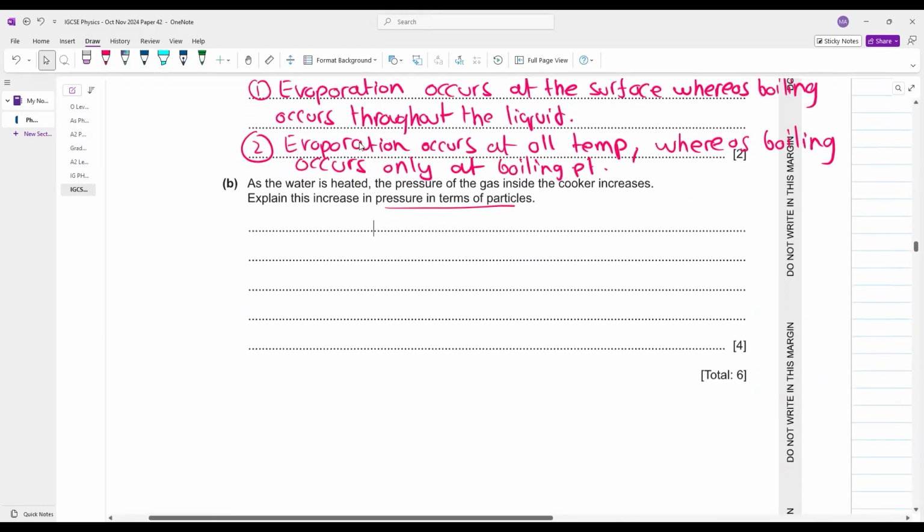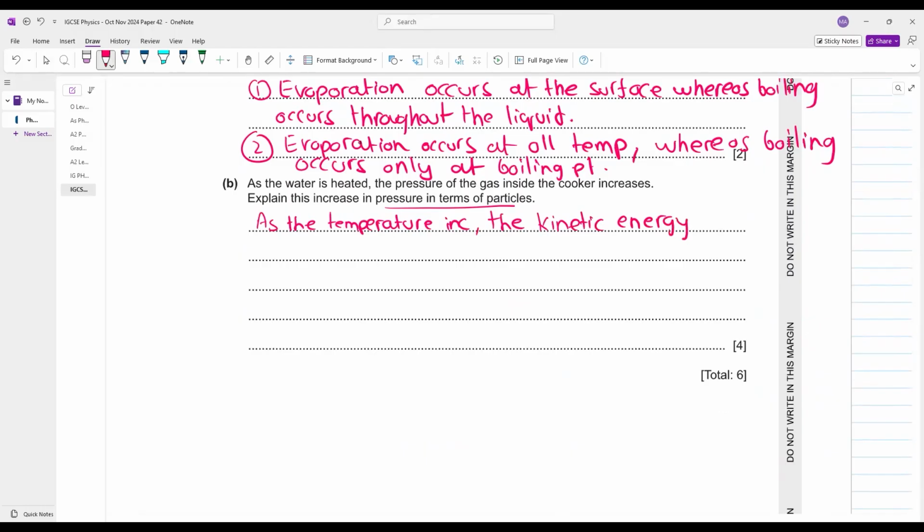You will say, as the temperature increases, the kinetic energy of particles increases. Perfect. As the kinetic energy of particles increases, what will happen? There will be more frequent collisions.